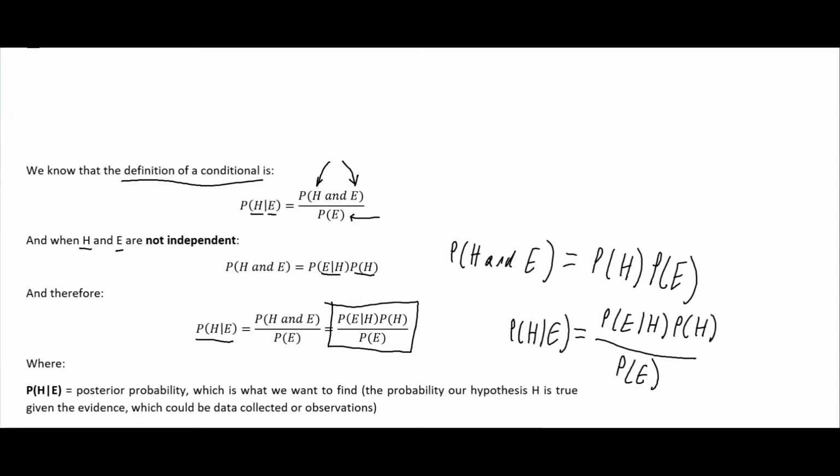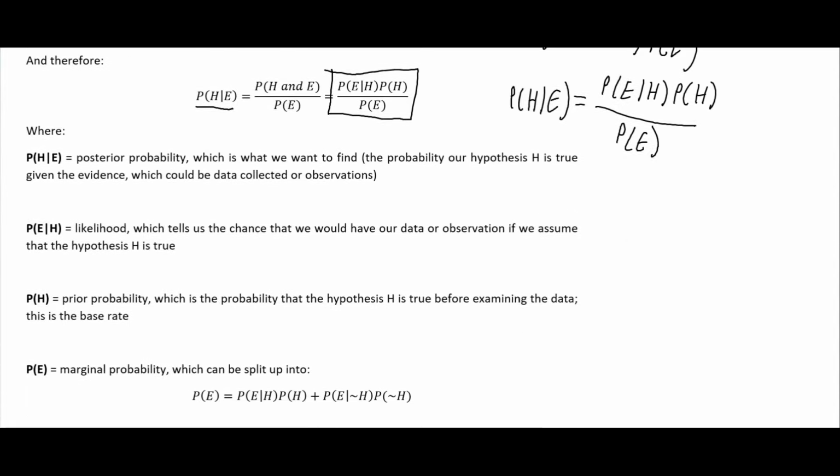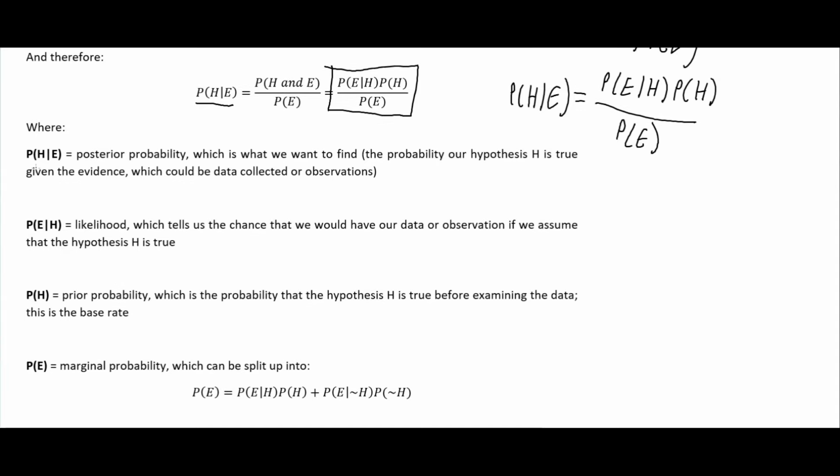Let's look a little closer at each of these things. The probability of H given the evidence is the posterior probability. This is what we're actually trying to calculate, what we actually want to find: the probability our hypothesis H is true given the evidence.